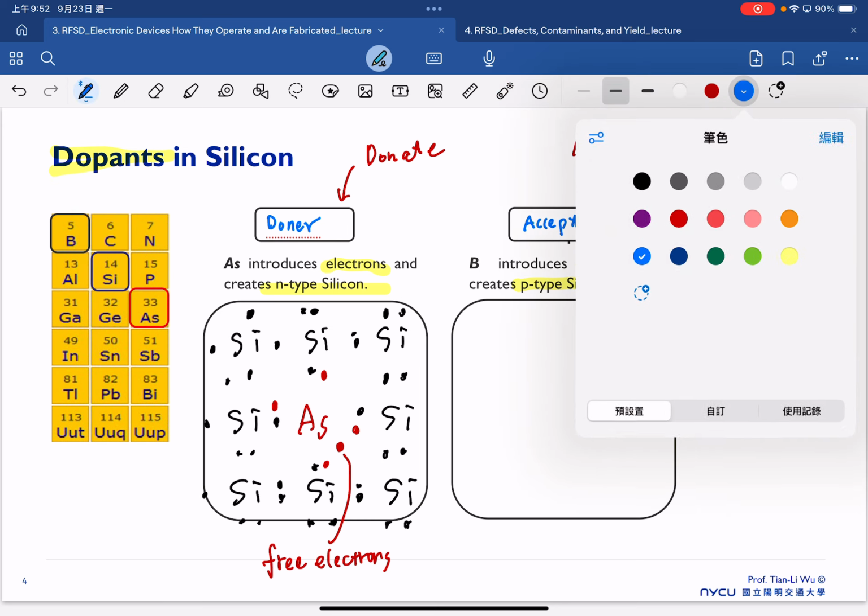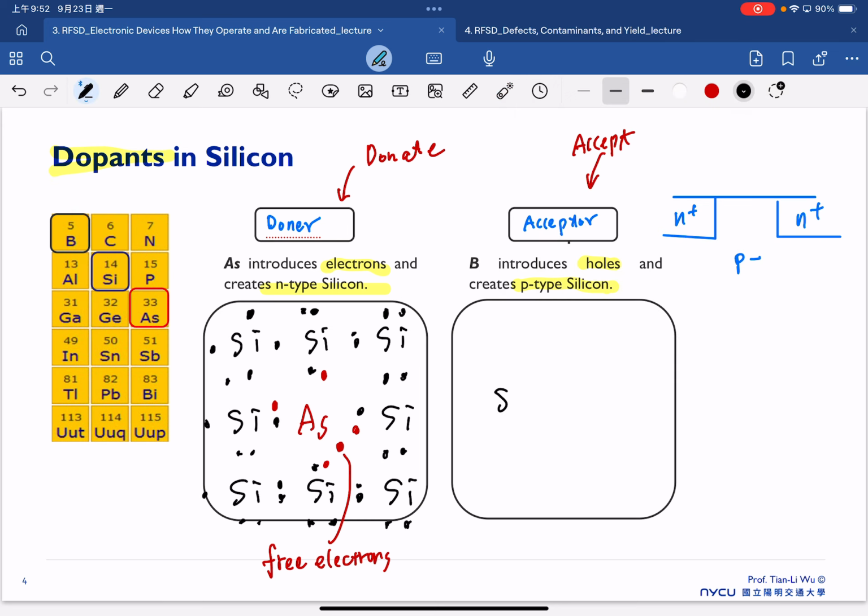Again, we assume there are silicon atoms here. We all know every silicon can contribute 4, and that means we can use 1 to form the bonding with the nearby atoms.